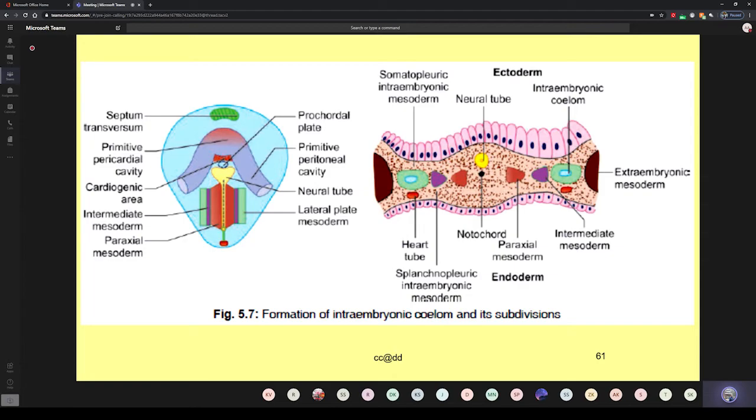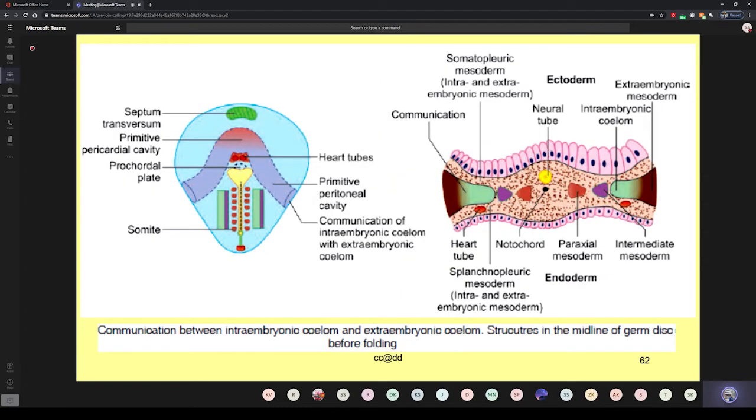So these are words which may appear confusing, but when you go through the pictures and read those small captions and explanations, you will find that what is towards the viscera is splanchnopleuric, that is visceral, and what is outside towards the somatic, that is towards the body wall, will be a somatopleuric layer. So the lateral plate mesoderm is the one which is actually going to be divided into these two. That is inner visceral, outer parietal.